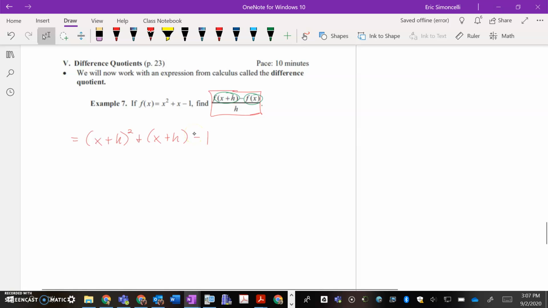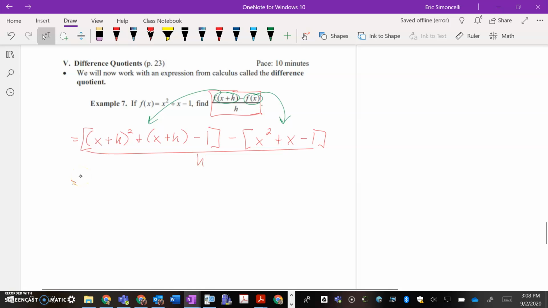So that in and of itself is your f of x plus h. And from that you'll subtract the original function in f of x form as you see it. So again, this represents in its entirety f of x plus h, and that represents in its entirety just f of x. This whole thing is divided by h.